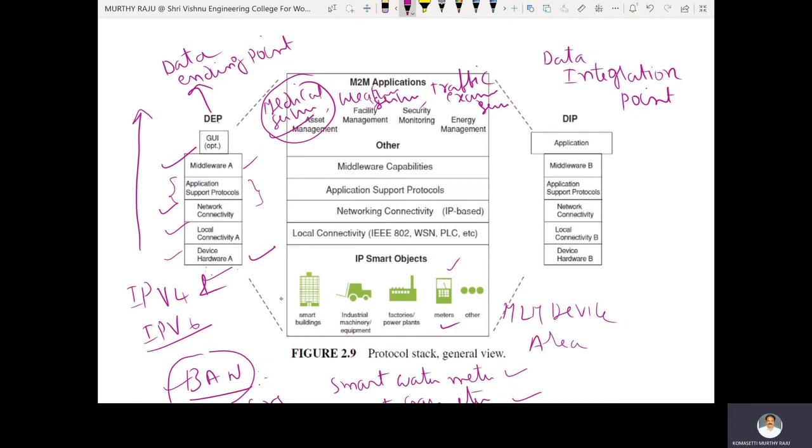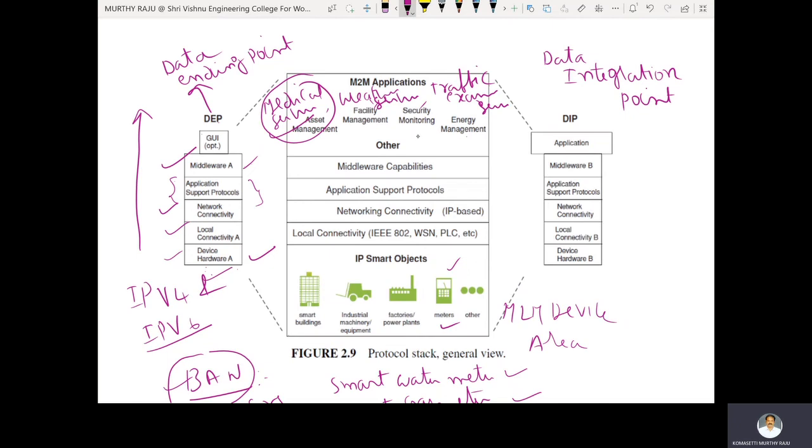Here at the device hardware, we use energy meters, that means smart water meter, smart energy meter, smart gas meter. All these are connected by using power line communication, PLC, or by using the M-bus. Here the data is generated at the middleware. That middleware data is stored in the energy management server, like that.